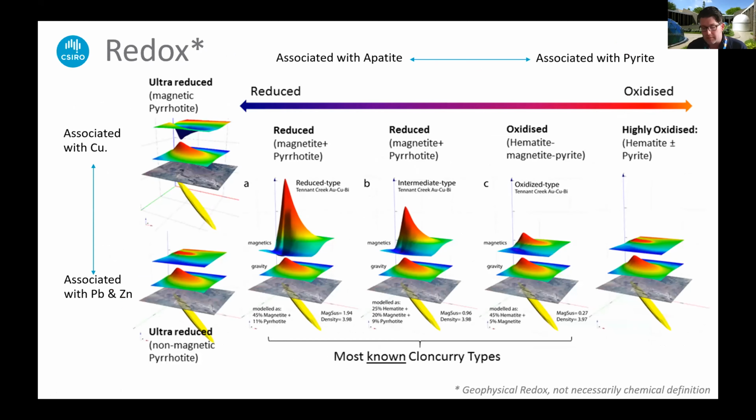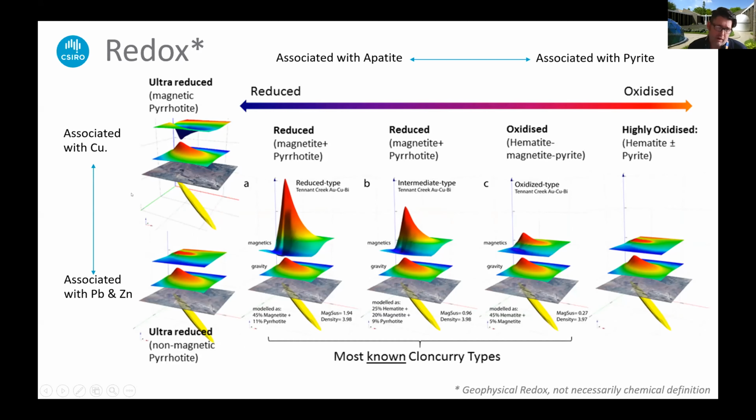So in thinking about how redox, for example, affects magnetic signatures, if you think about a deposit which has basically the same metal content but different magnetic minerals, at the oxidized end of the scale, you have hematite. So they all have the same gravity signature, but the hematite-rich deposit will have a very mild or potentially no magnetic signature. As you get more and more reduced, you get more magnetite, and your magnetic signature gets larger and larger.